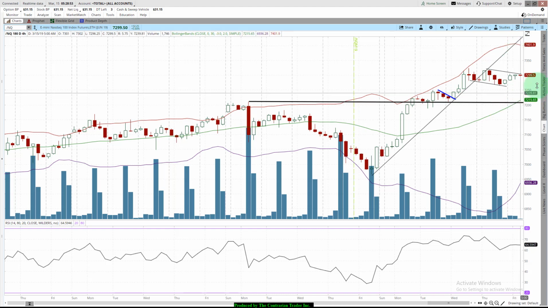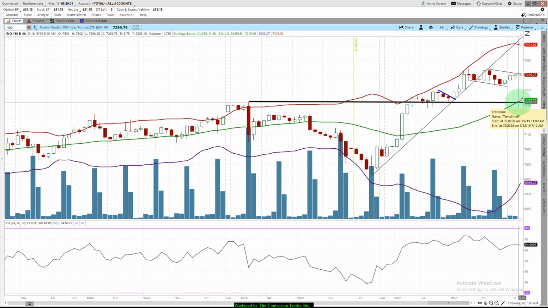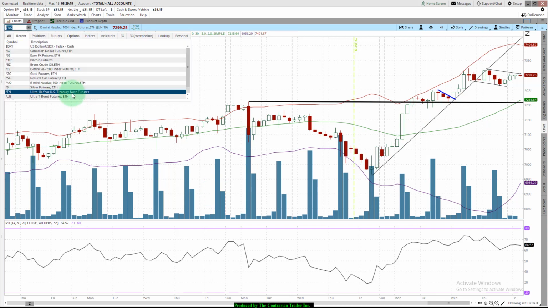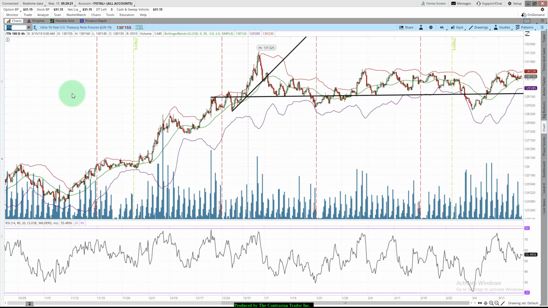If we break down, we're coming down here to this support level, which acted as the breakout point a few days ago at, let's call it, 72.04 on the NASDAQ.